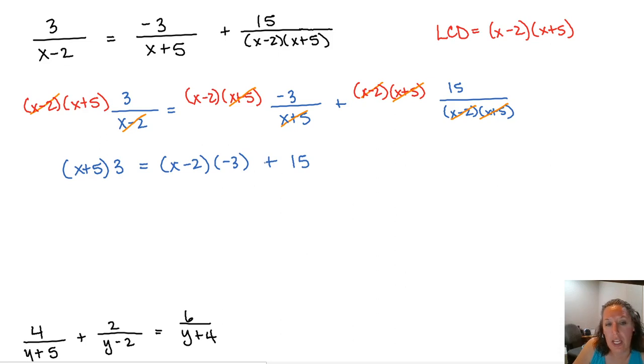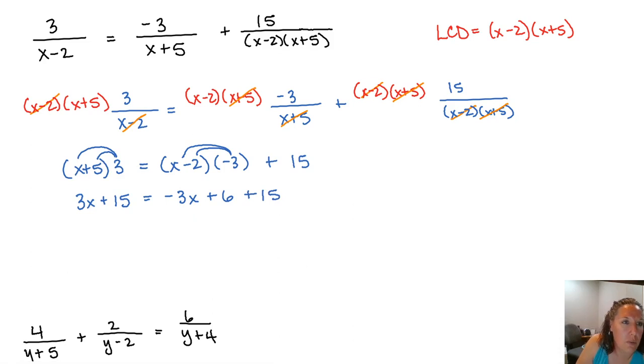And now this looks like a linear equation. So let's go ahead and distribute and combine like terms. So we'll get 3x plus 15 equals negative 3x plus 6 plus 15.